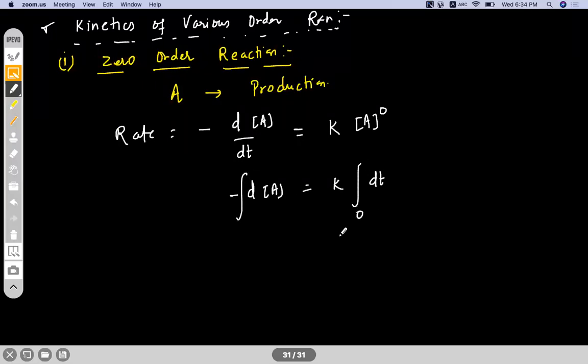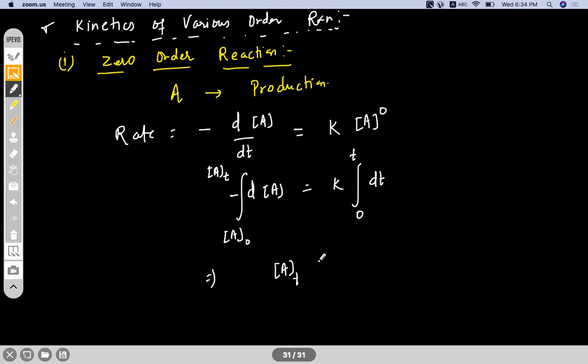At time t equals 0, the initial concentration, suppose I assume as A naught. At time t equals t, the concentration is suppose A t. When you solve this, you get the equation: concentration at any time t equals the initial concentration A naught minus k t.